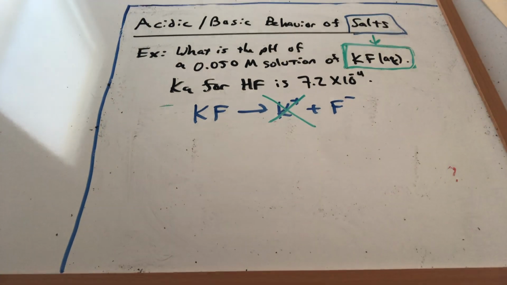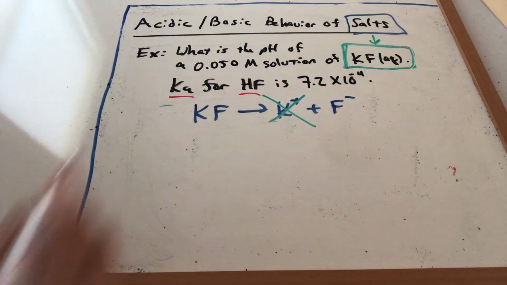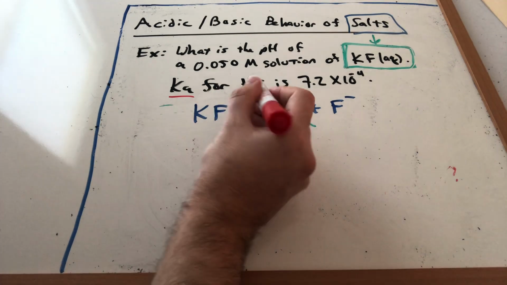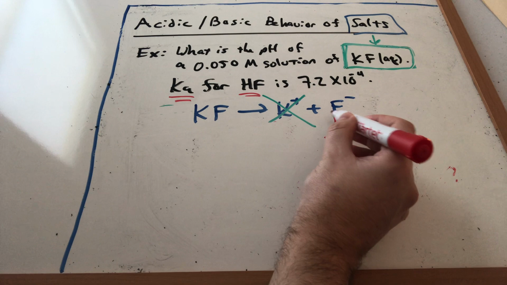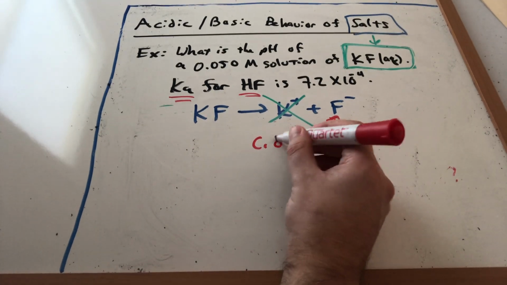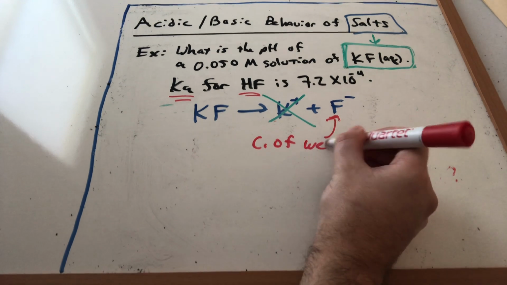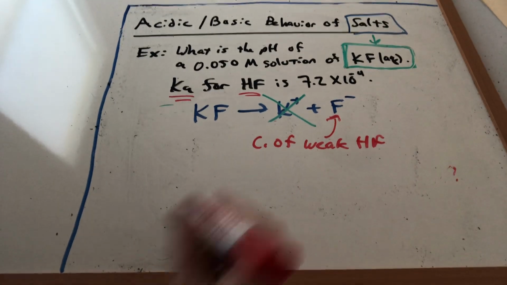What about F minus? And there's a big clue in the problem, right? You're given that HF is a weak acid. You're given it's a weak acid because you see that you're given a Ka for it. So F minus is the conjugate of weak HF. That's where you saw it before.